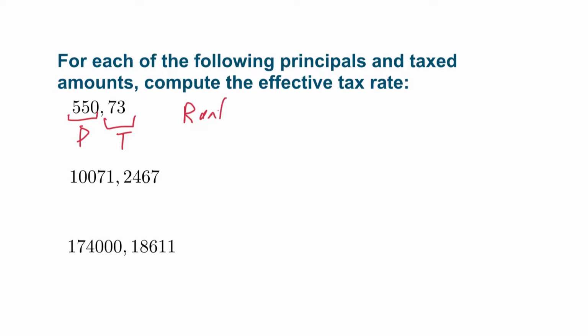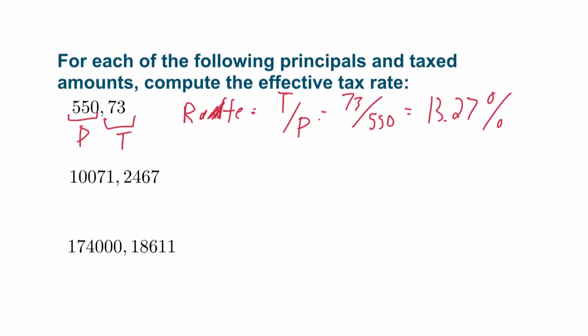So the rate is the amount taxed over the principal. In this case, 73 over 550, which works out to be about 13.27%. Not so bad.